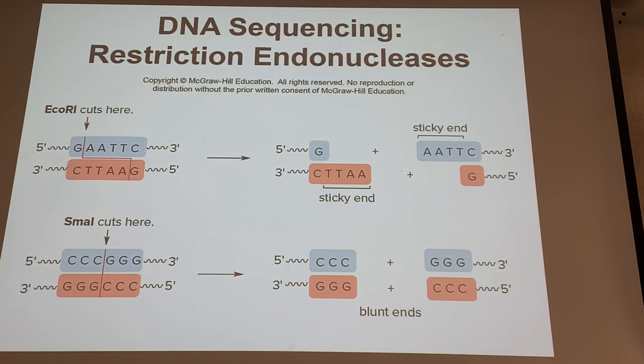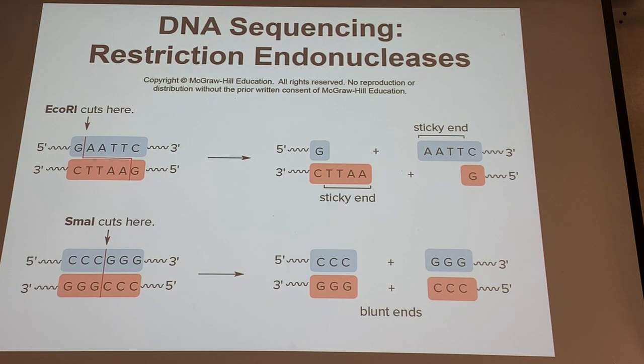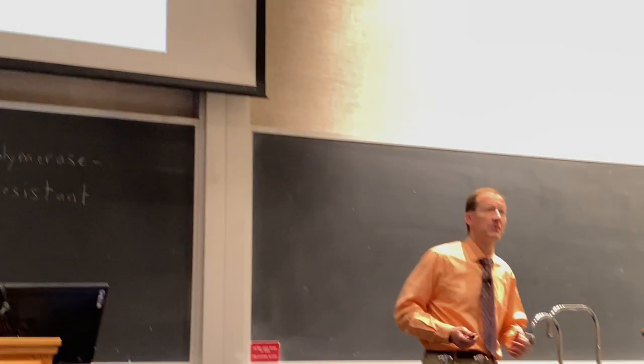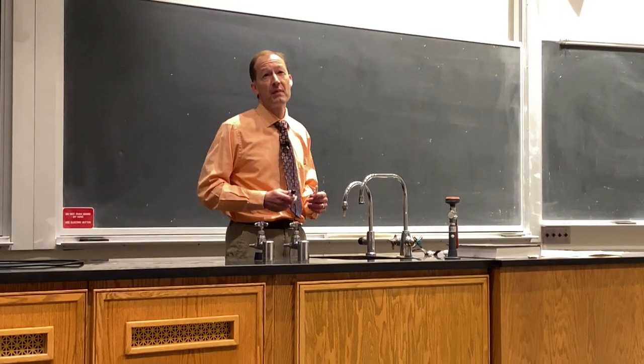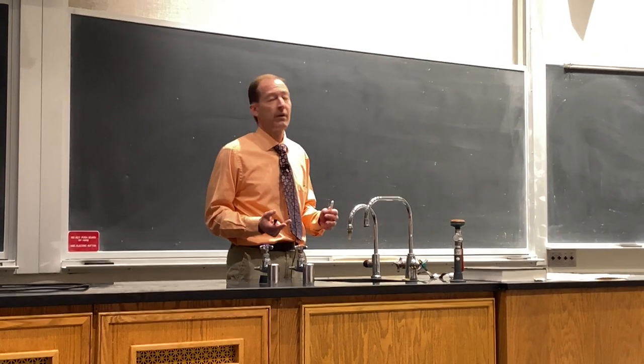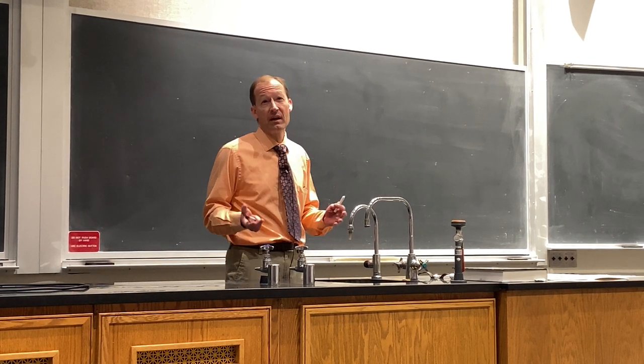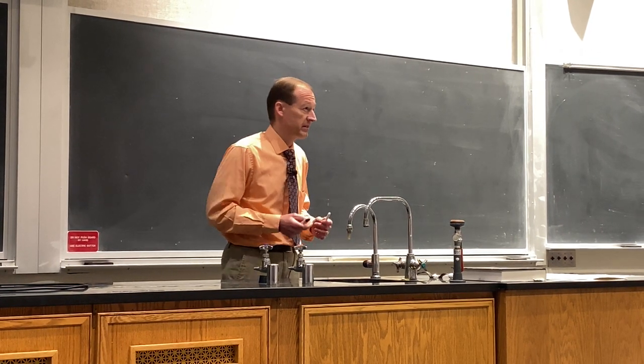And then once those smaller pieces have been generated, before the sequencing can be performed, the DNA has to be amplified. So typically in the samples that are used for DNA sequencing, only very small amounts of the DNA are present, right?